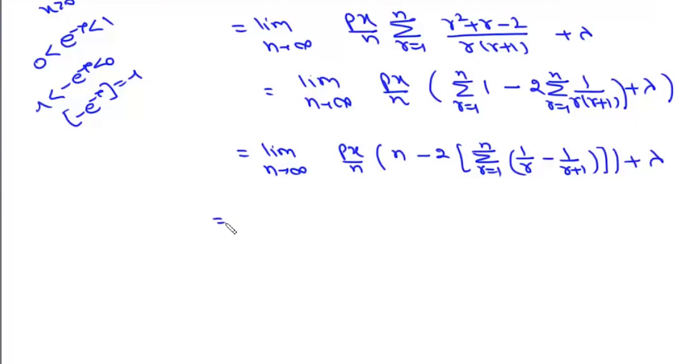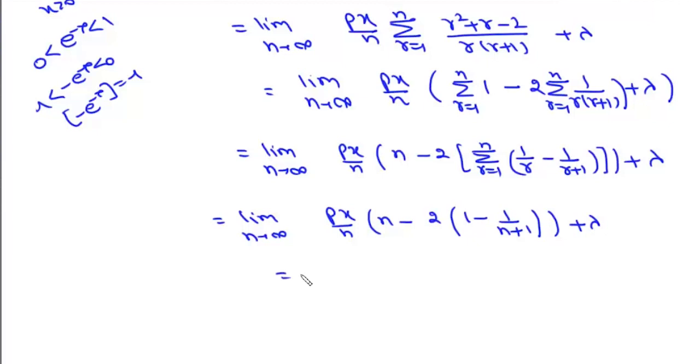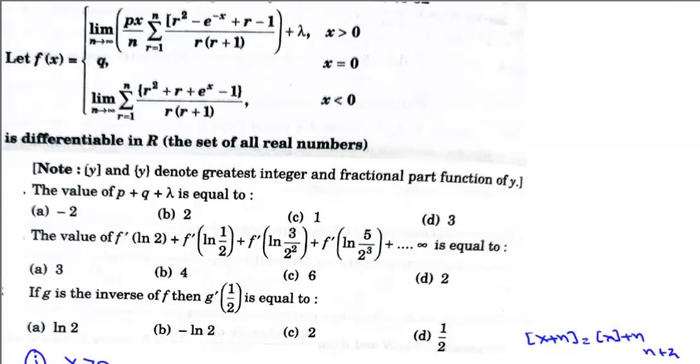So we'll write this as limit n tends to infinity of px by n into n minus 2, and here it will be 1 minus 1 upon n plus 1, plus lambda, that we multiply it, then we'll get this as px plus lambda. So this function f(x) is px plus lambda when x is greater than 0.